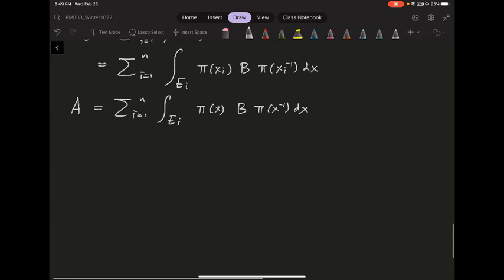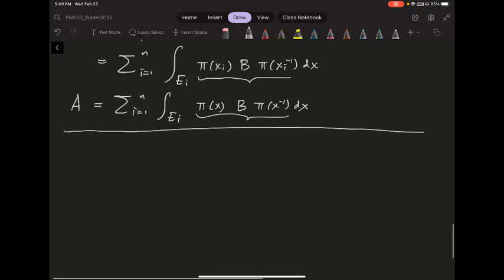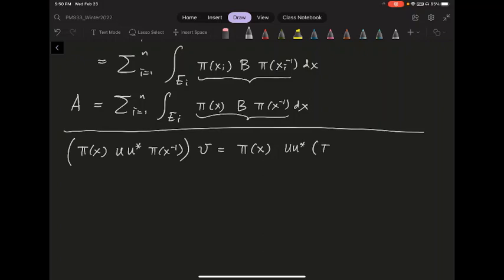Let's briefly look at what exactly these two operators are. If you think about this operator, pi of x times uu star times pi x inverse, and you evaluate at a point v, we've already seen this: this is pi x times uu star applied to the vector pi x star v.